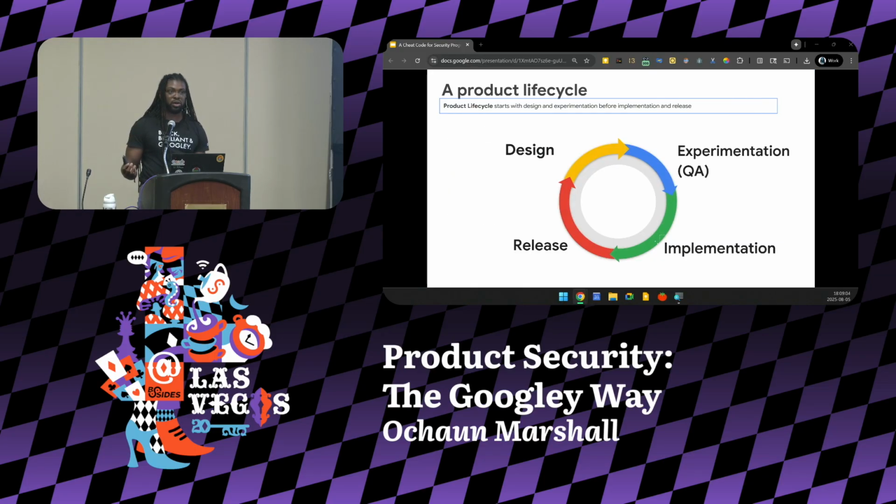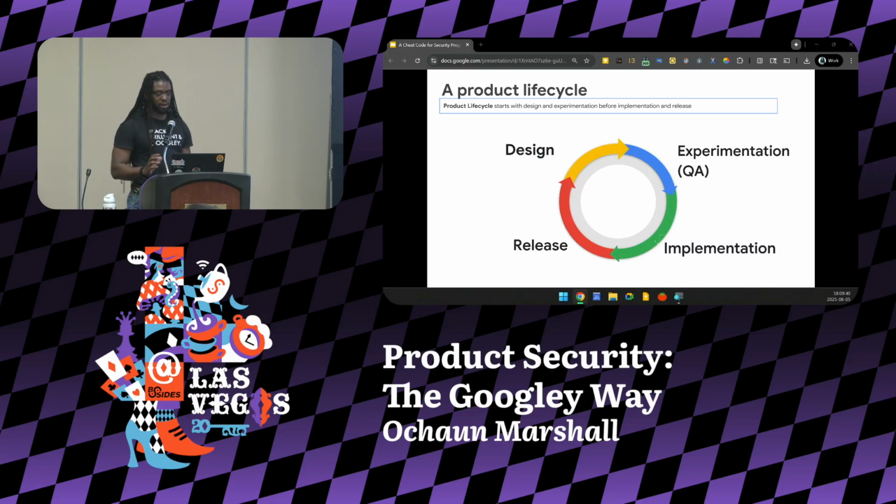But in general, you can think of the product lifecycle as 4 key phases. Phase 1 is just design. It usually means knowing something about what the users want or need. Phase 2 is experimentation. It may be 1 stage or several stages, but the goal of experimentation is just to get some live feedback and quality assurance. Phase 3 is the implementation or build, and phase 4 is the release of the product.